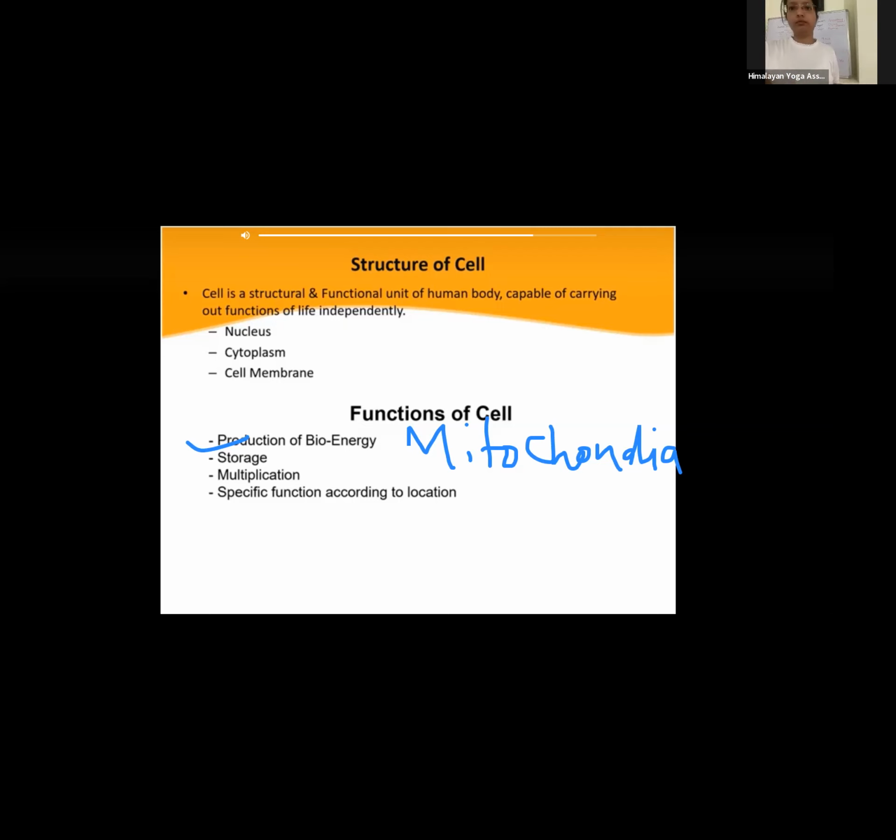So here we have functions. Storage. And specific.